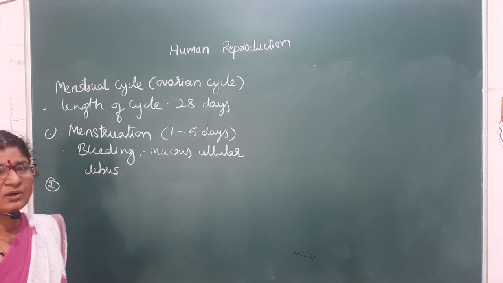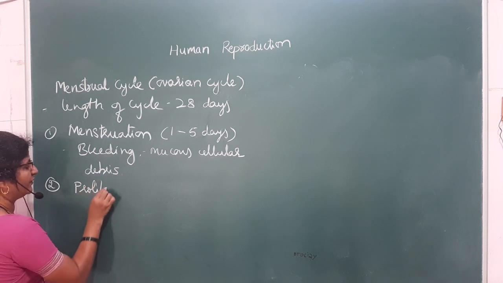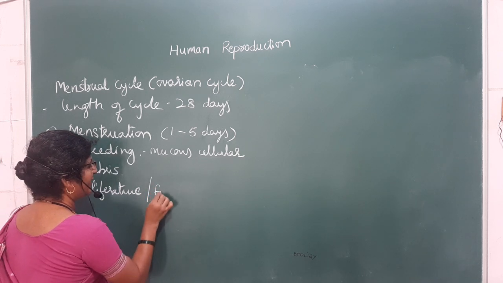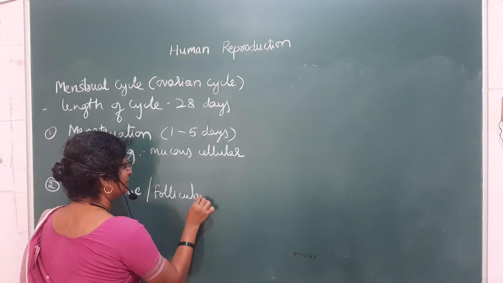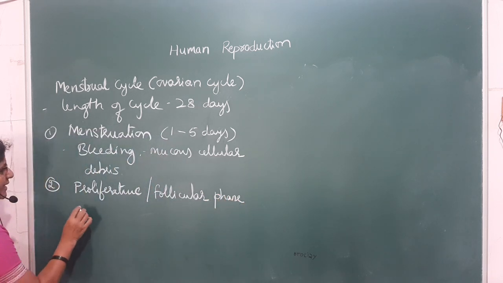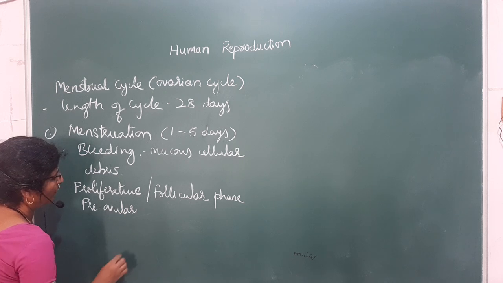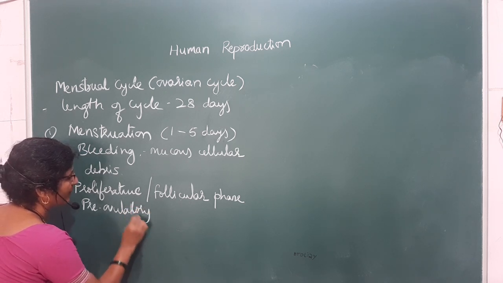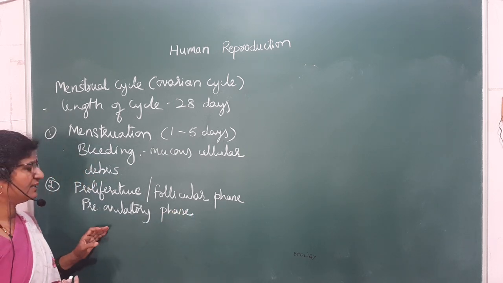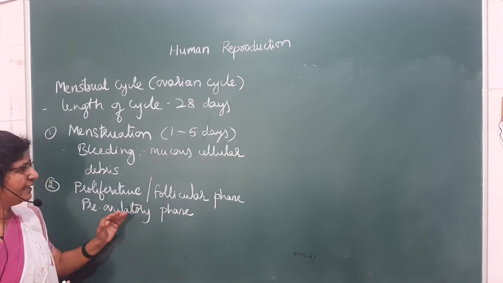And the second phase is called the proliferative phase, or it is also called the follicular phase, or the pre-ovulatory phase.